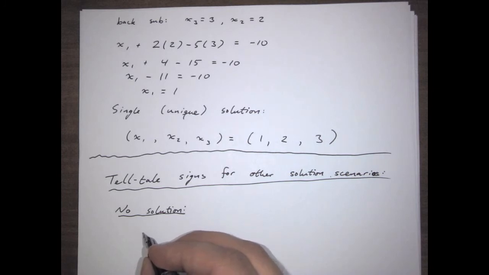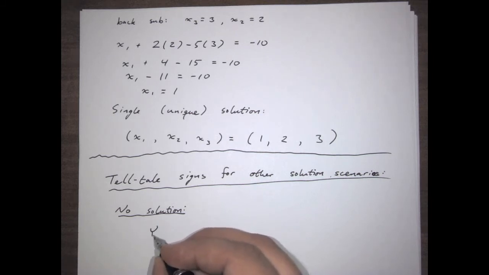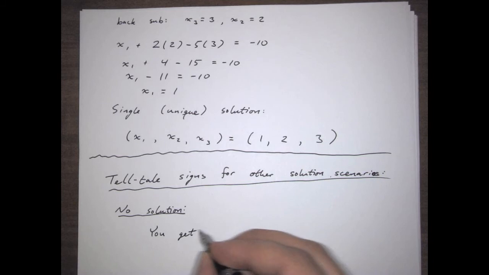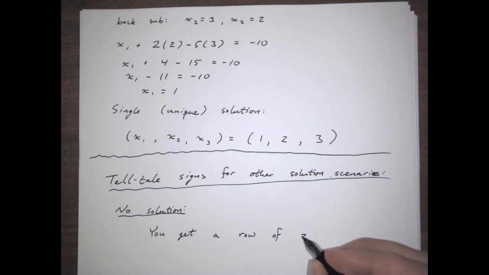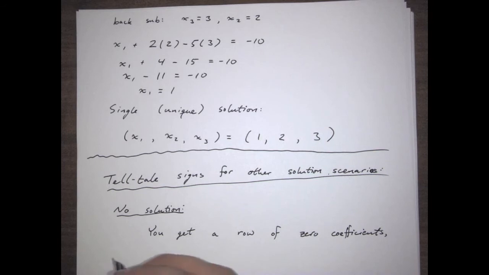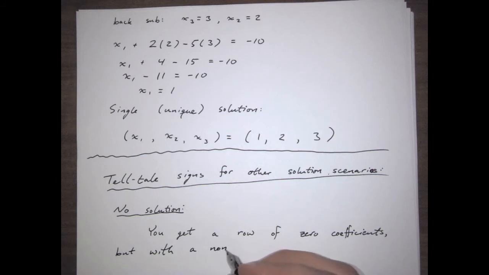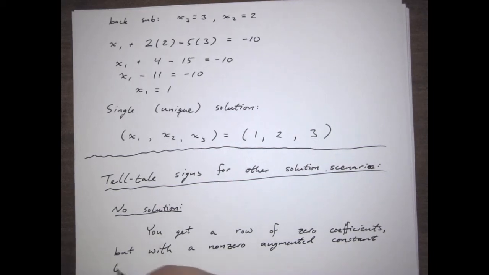So the telltale sign for the scenario where there's no solution is you get a row of 0 coefficients but with a non-zero augmented constant term.